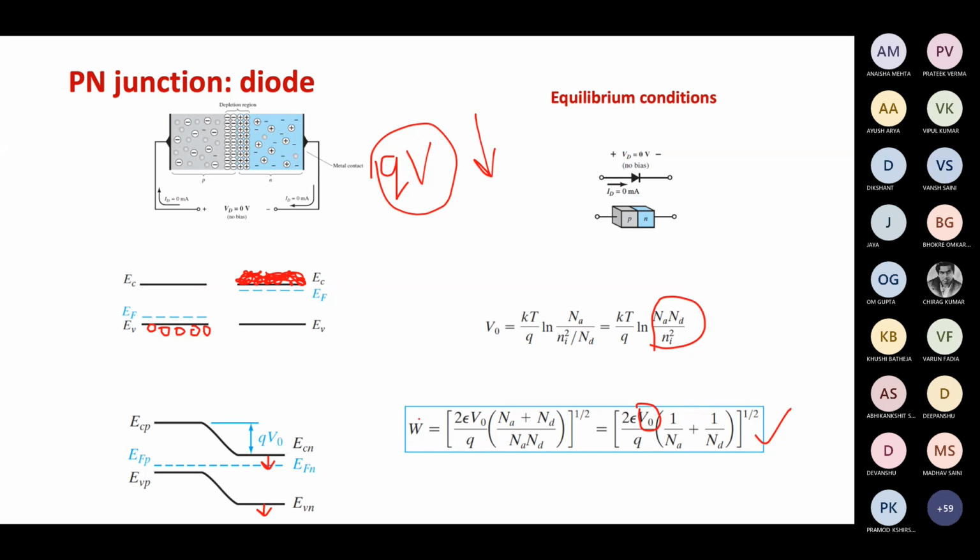So, sir, during biasing, only ECN level increases, the N type material? Like there is no increase or decrease in the other? Oh, okay.